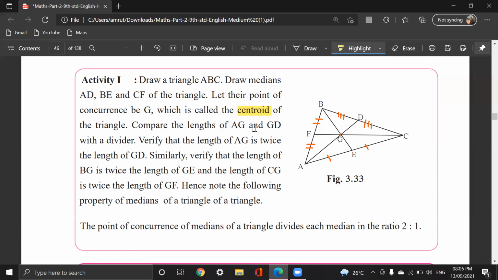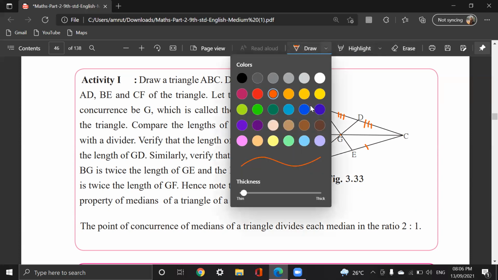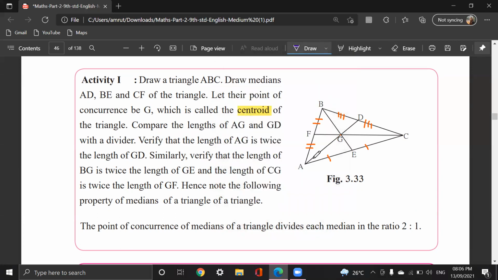Now compare the length of AG. Which length do I have to compare? I'll take a different color. So this length from A to G, we have to measure with the scale, and from G to D you can measure with the scale, and then you have to compare.